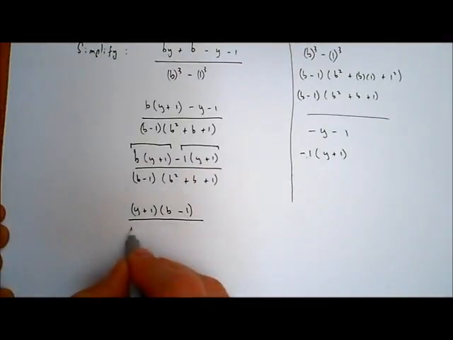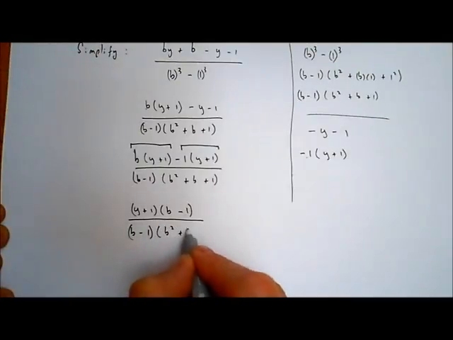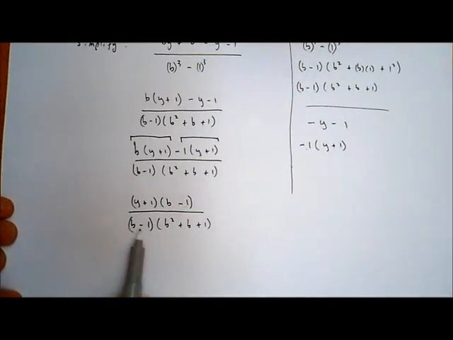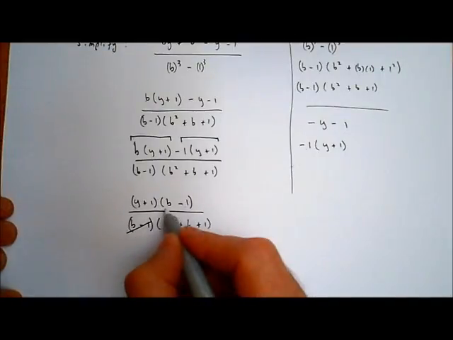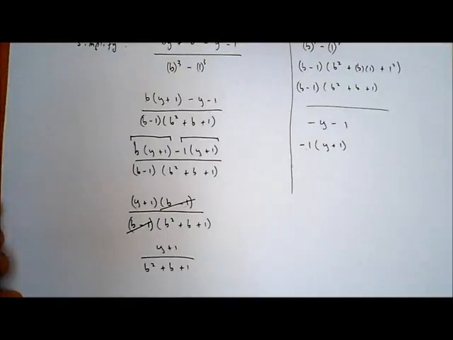So it's all over b minus 1 times b squared plus b plus 1. And now if you look at the numerator and denominator, I have a common factor, because there's a b minus 1 in both. So I can divide top and bottom by b minus 1, and I'm left with y plus 1 all over b squared plus b plus 1.